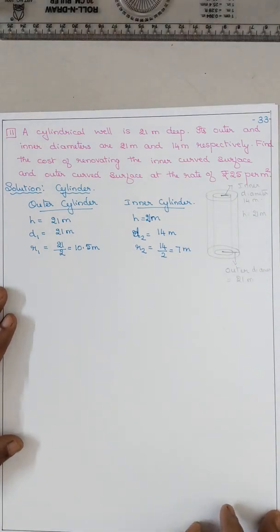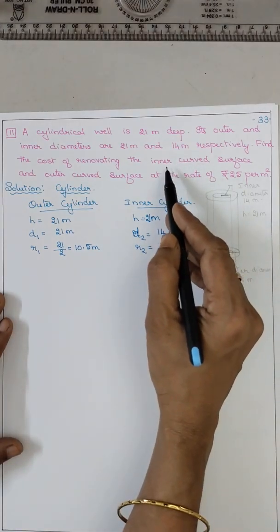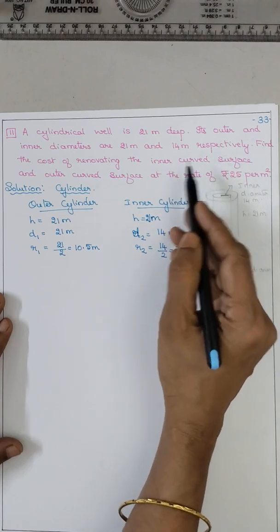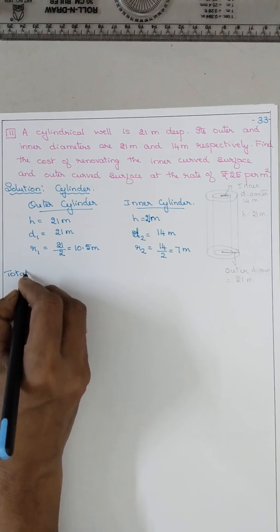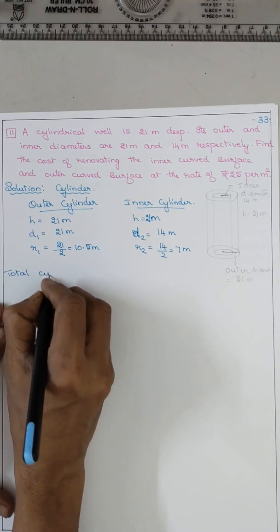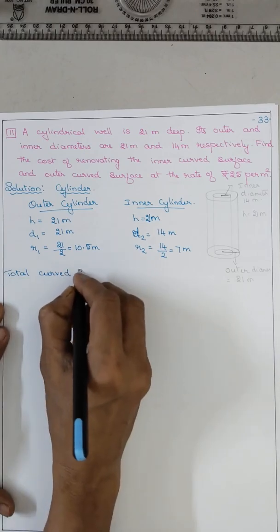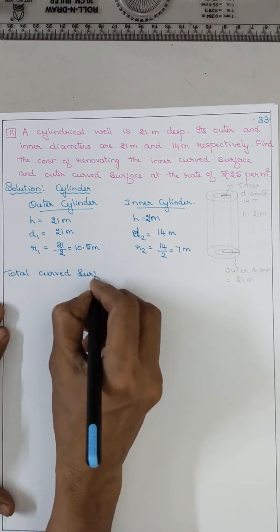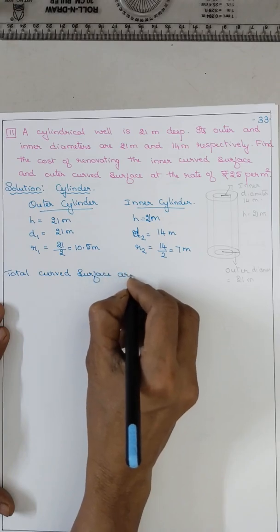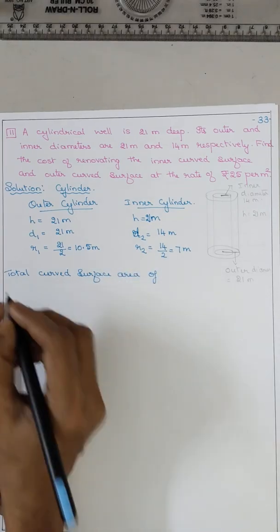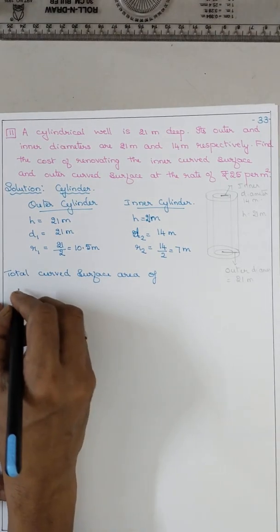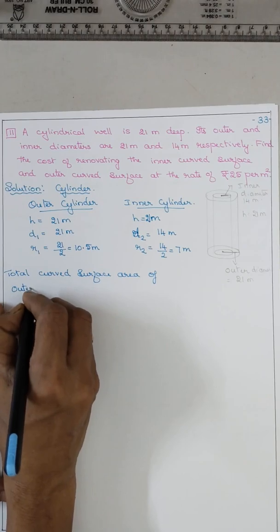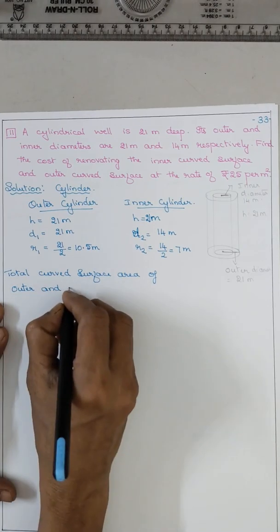Now it is the renovating of the inner and the outer curved surface area. So total curved surface area of outer and inner cylinder. Why total? Because of the inner and outer.